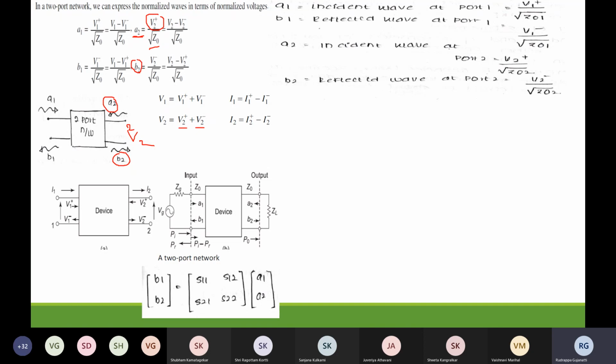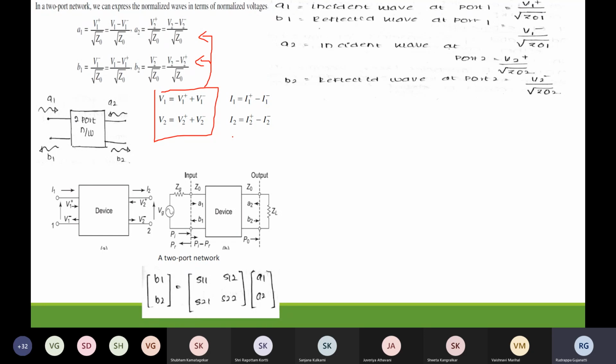B2 is associated with the reflected wave amplitude at port 2, so it has to be associated with the reflected voltage. Therefore B2 is V2 minus divided by square root of Z0. This is how we represent the incident and reflected wave amplitudes in terms of voltages.